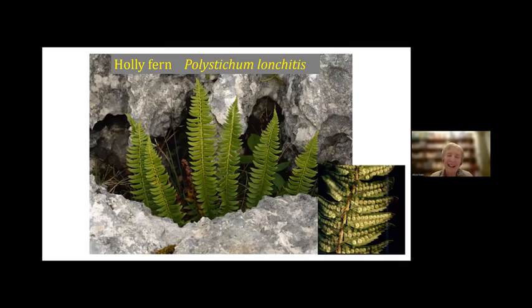And the highlight, I think, if you're walking over limestone pavement, is to find the holly fern, which is also a once divided fern. And I think you might be able to see on this picture, each pinna has a little thumb. And it has the indusia with the spot in the middle.